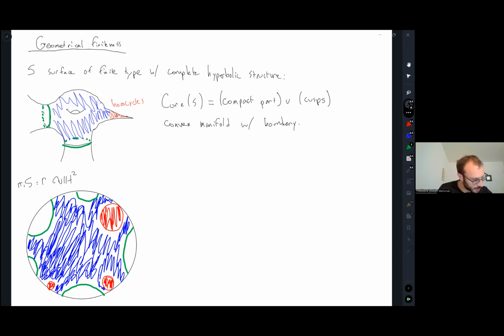So if I look at the limit set, which I usually denote lambda gamma, this is the set of accumulation points in the boundary of H2 of gamma orbits in H2.